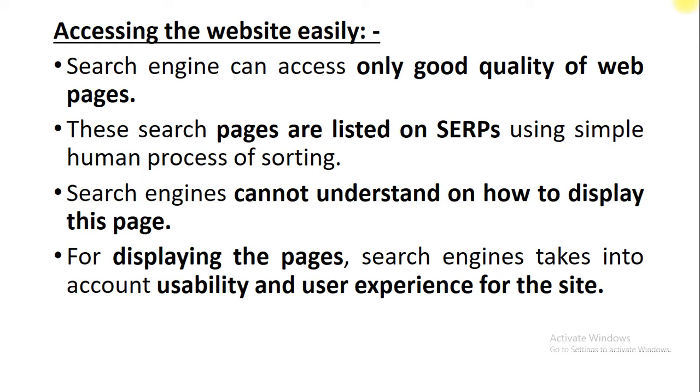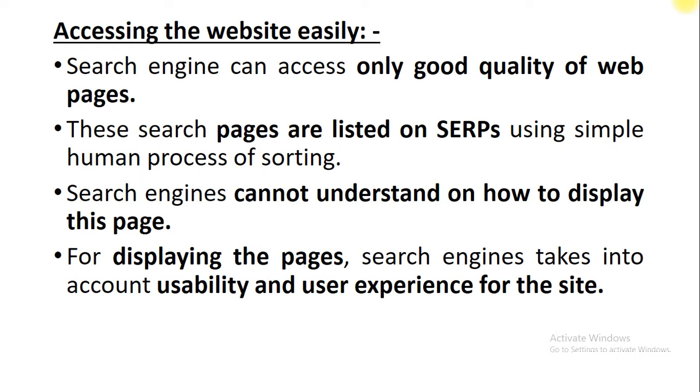What is the second point? Once you have created good quality web pages, they can be easily listed on the search engine result pages, and you can compare this process with the simple human process of sorting. Now what is the third point?